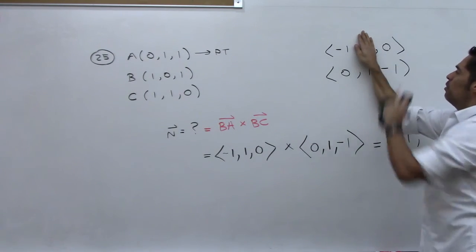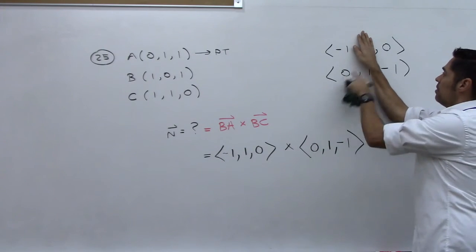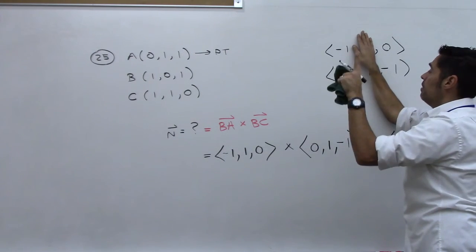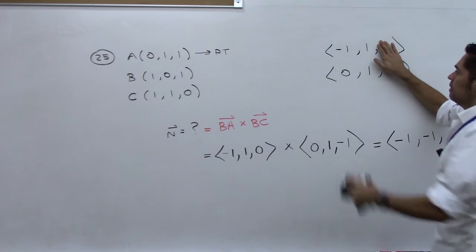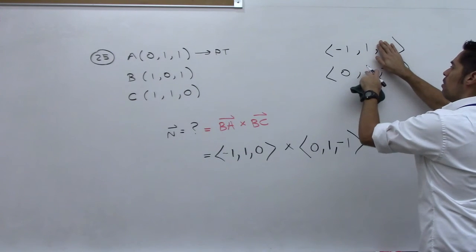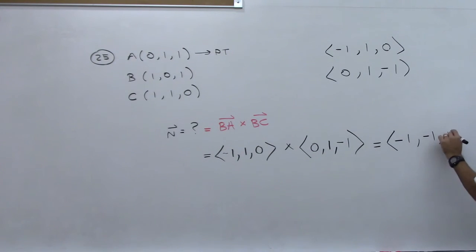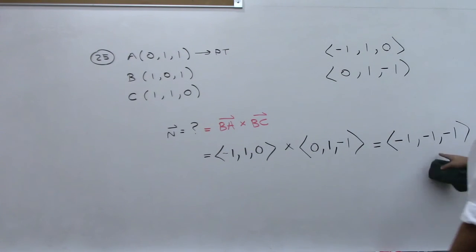Negative 1 times negative 1 is 1. Then minus 0, so I have 1, but then I'm going to subtract it because it's the j. So minus 1. And then I cover up the k, and I get negative 1, take away 0, so just negative 1. So that's my direction. That's my normal vector for my plane. Okay, this is n.